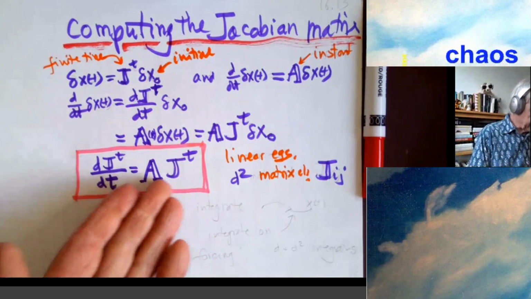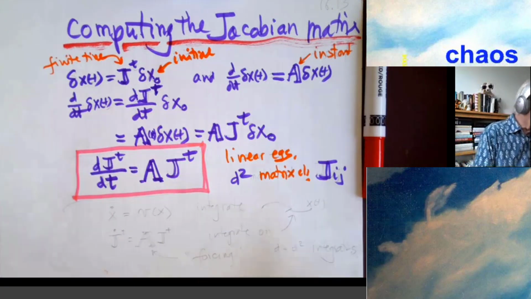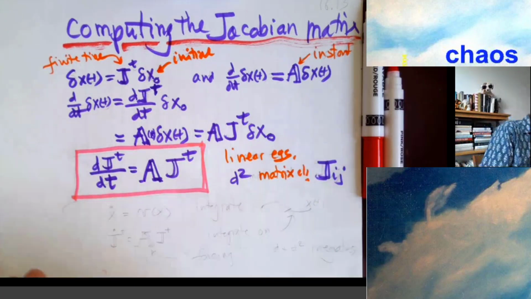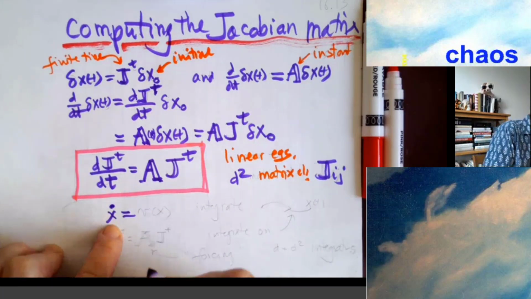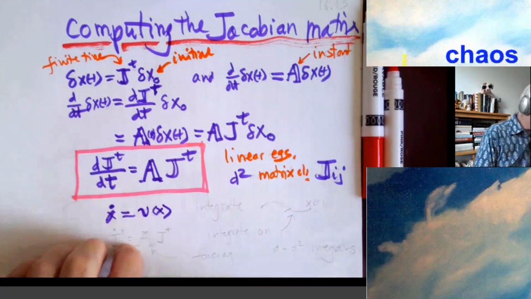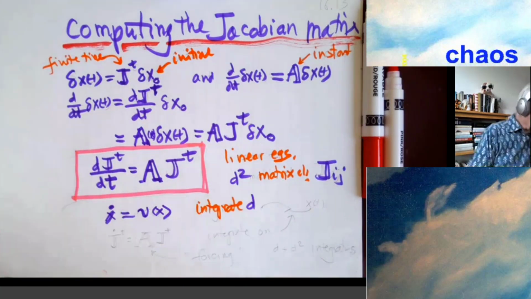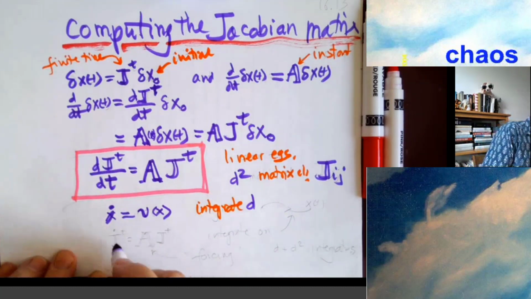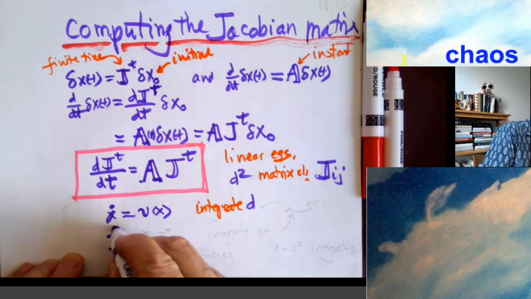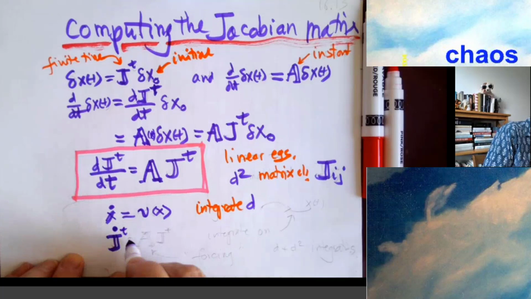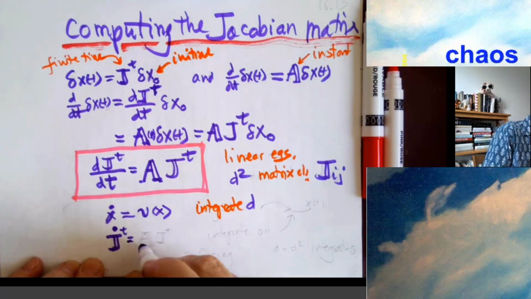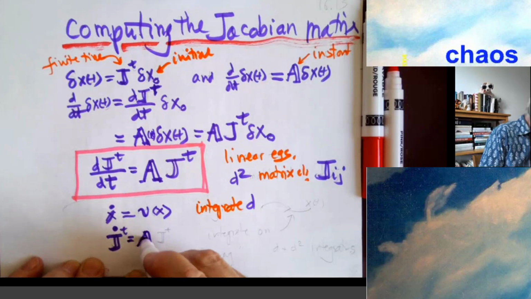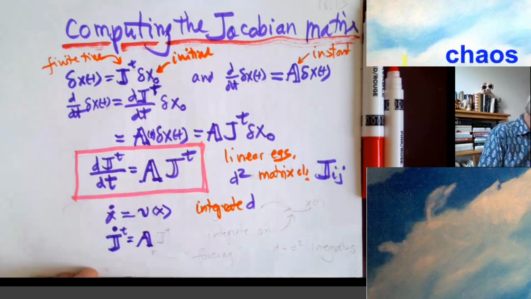Well, this is d squared equations. And you have already written a program for d equations, since x has d components. So you already know how to integrate d equations. But now this equation says that for every component, so d squared components, the time derivative of that component ij is obtained by matrix multiplication by a known matrix at any time.